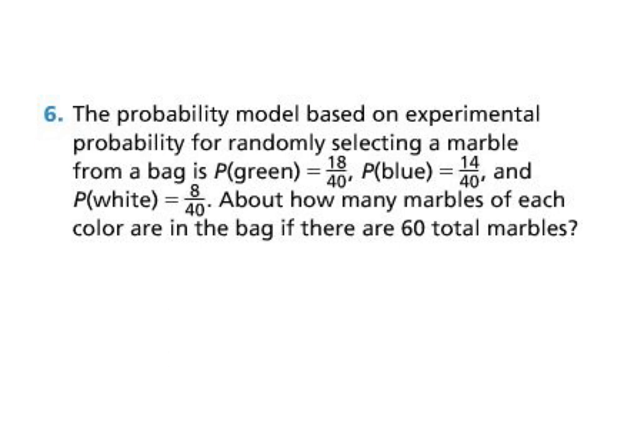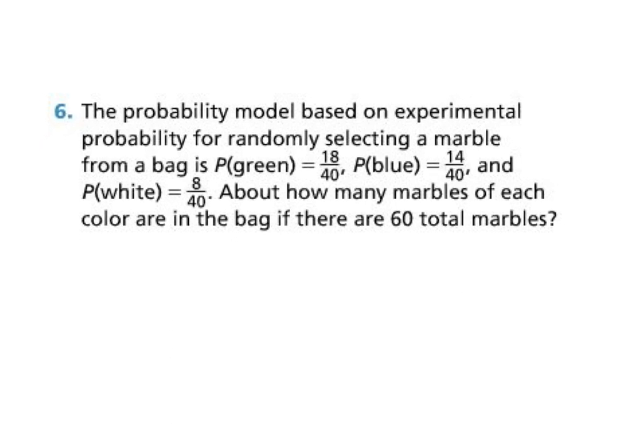All right, the probability model based on an experimental probability for randomly selecting a marble from a bag is probability of green, 18/40, probability of blue, 14/40, and probability of white, 8/40. About how many marbles of each color are in the bag if there are 60 total marbles?